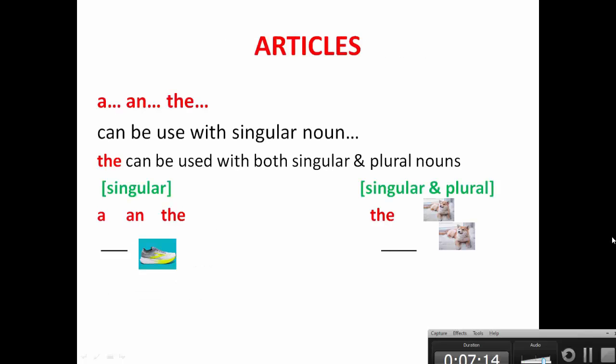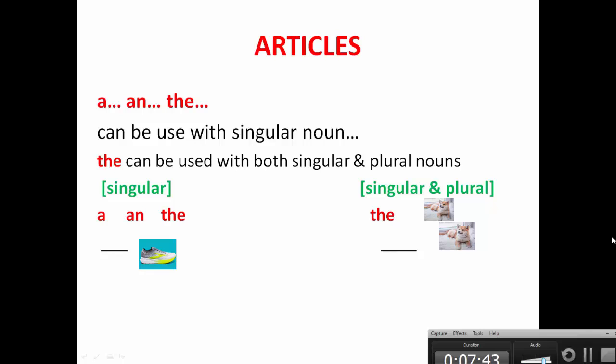Articles. The articles are a, an, the. A and an can be used with singular nouns. The can be used with both singular and plural nouns.